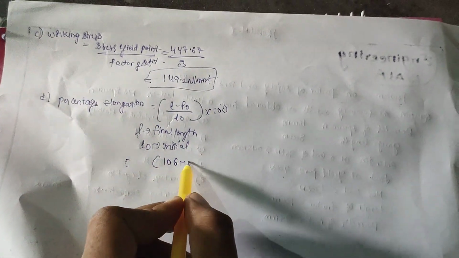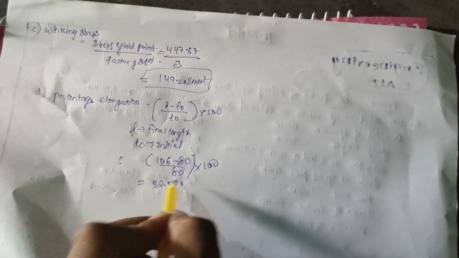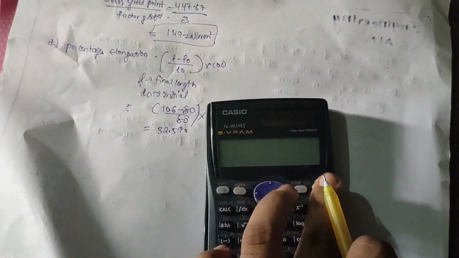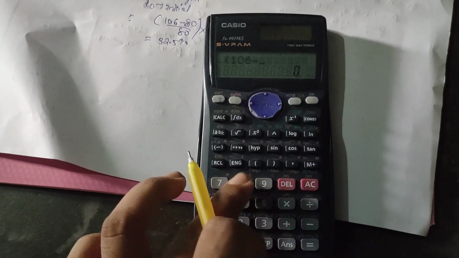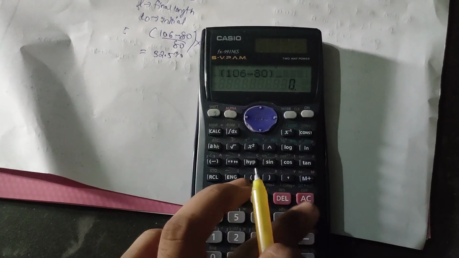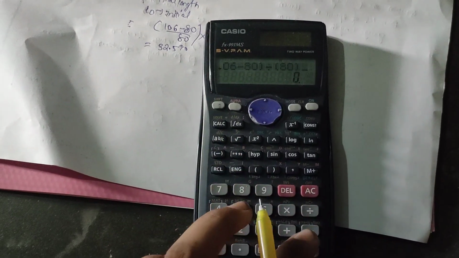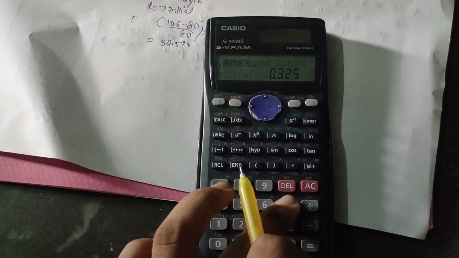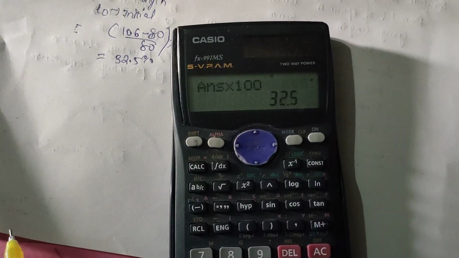So calculating 106 minus 80 divided by 80, and multiplying the answer by 100, we get 32.5.